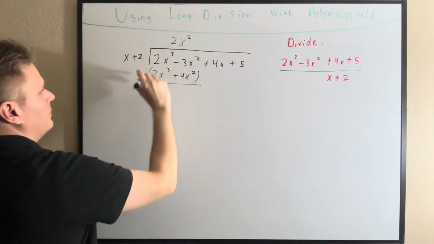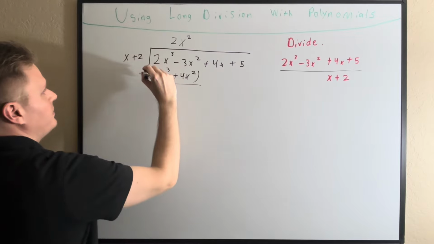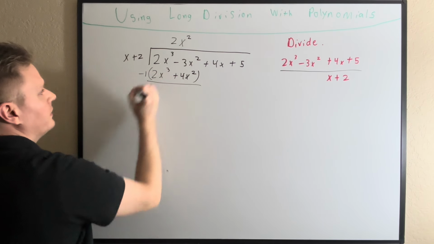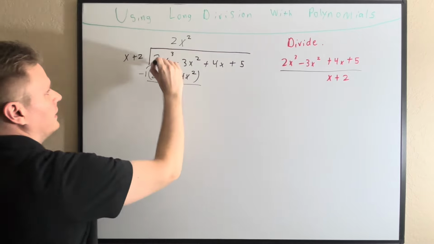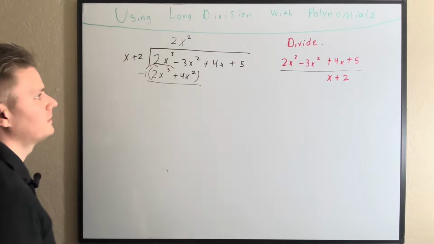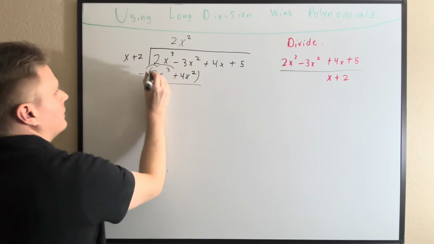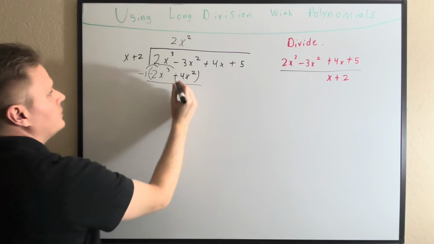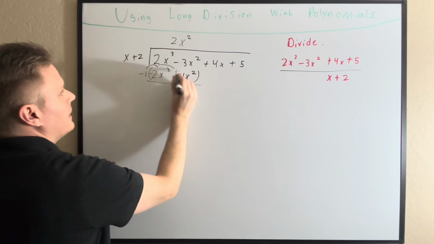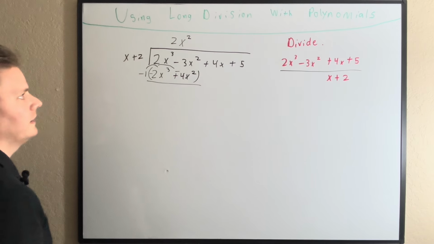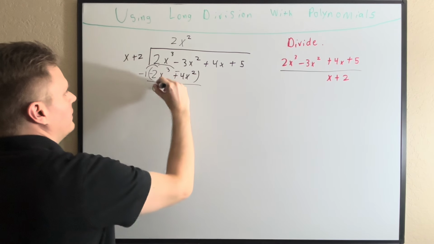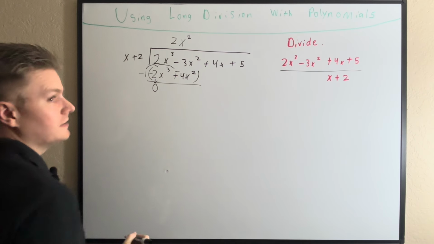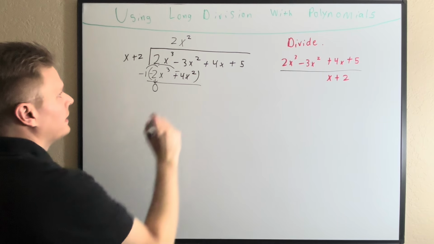So when we subtract it, we have to distribute that negative. There's an understood 1 there. Distribute that negative to both terms, so that this becomes negative 2x cubed and this becomes negative 4x squared. Now that's important. This should be 0. That's what we're going for.